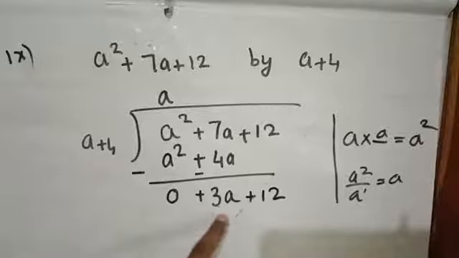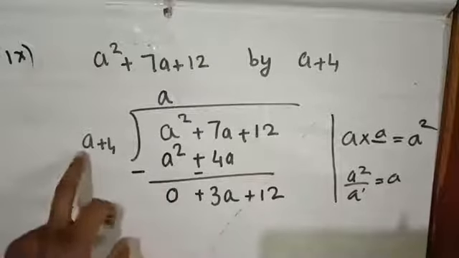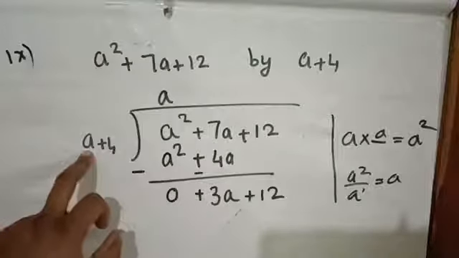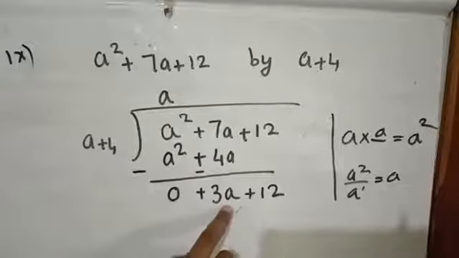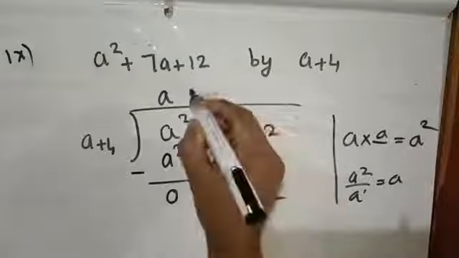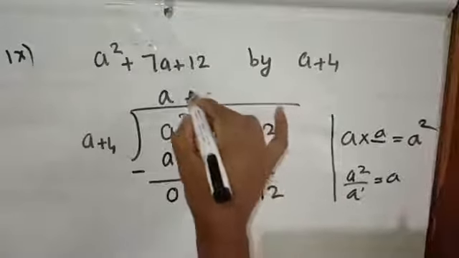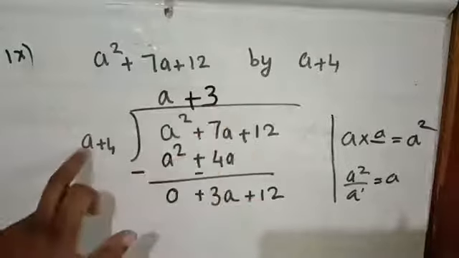a into what is 3a? Let us check. This is the new dividend and a plus 4 is the divisor. You take the first term of the divisor, a. a into what is 3a? a into 3, so here plus 3. a into 3 is 3a. So 3 into a is 3a, plus 3 into 4 is 12.